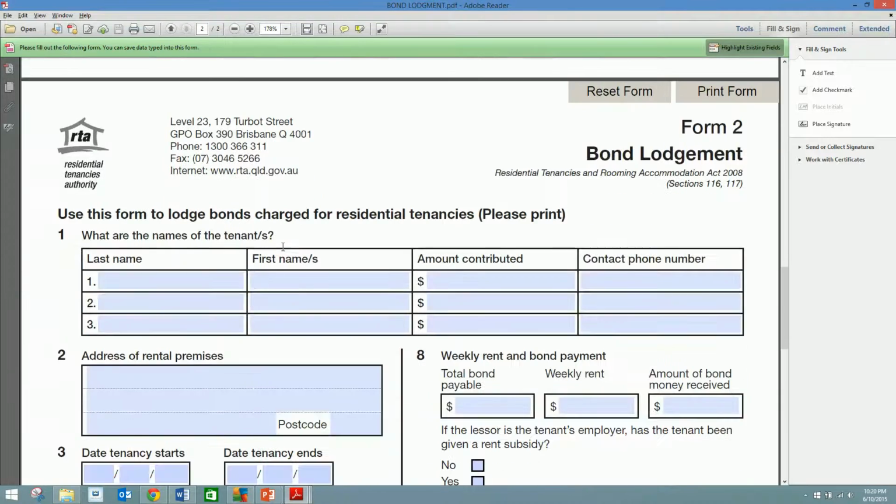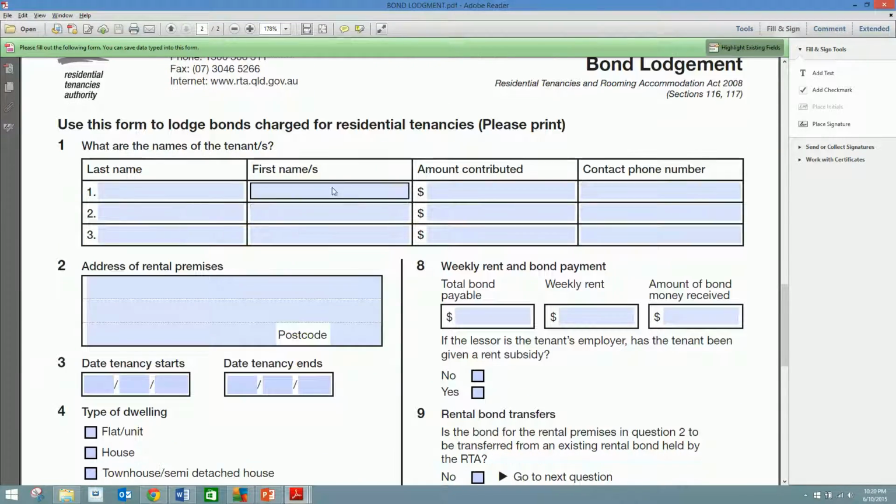So looking at the second page, you've got a copy of this in your booklet, so we're going to go through together and fill it out now. So the names of the tenants. We know that we've got Michael Apple. Oh, it's the last name first: Apple, Michael.